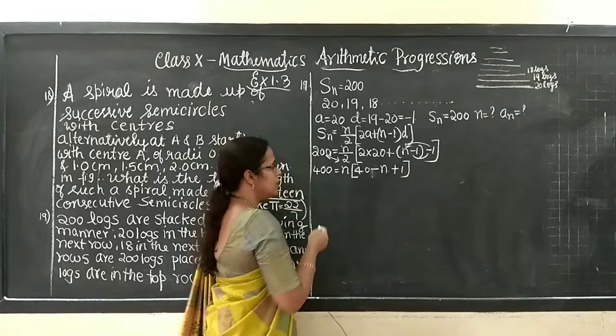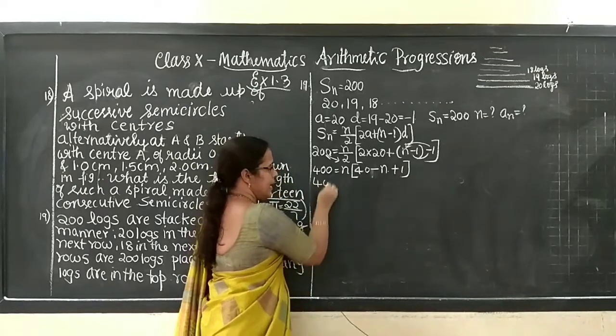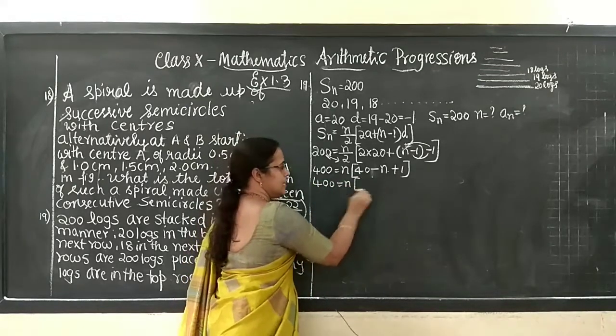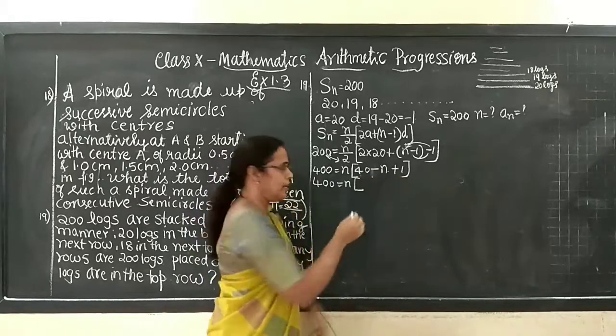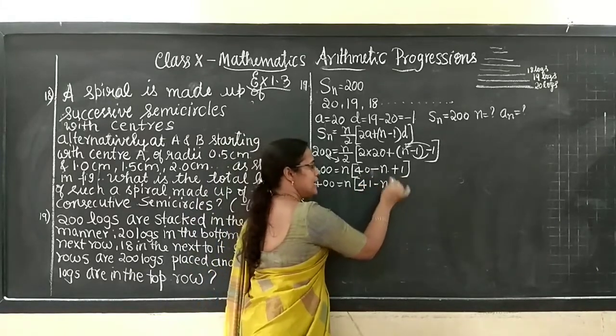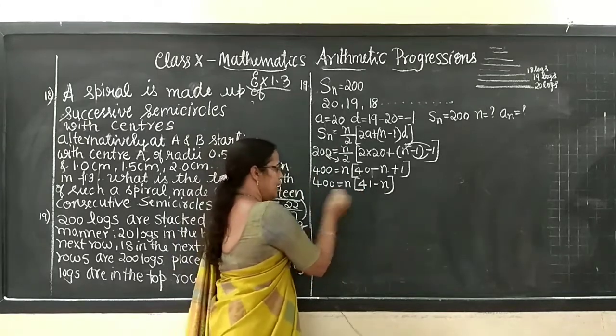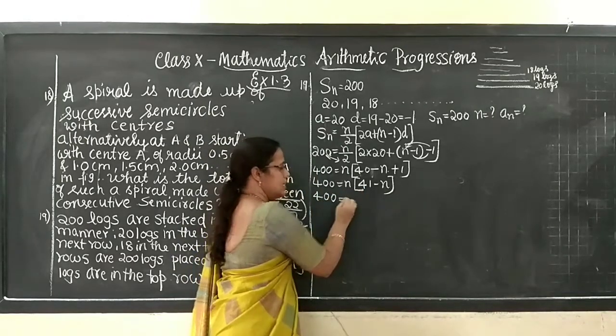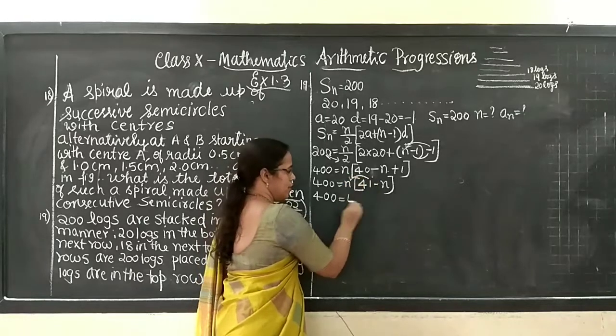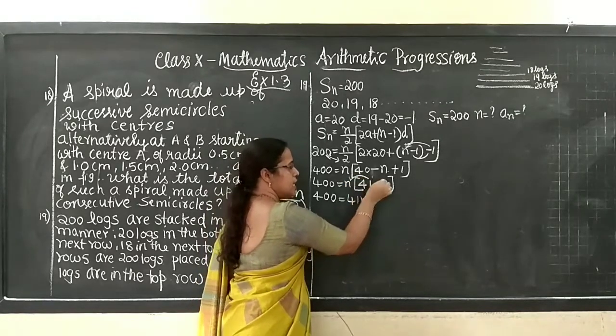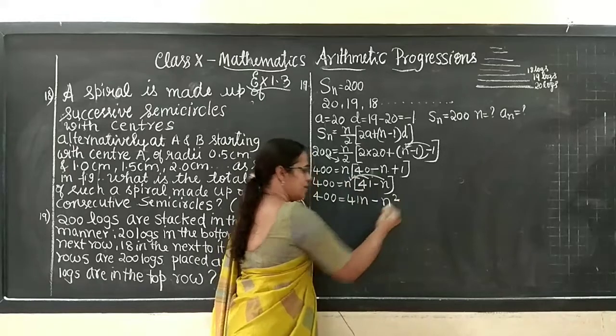Okay, so afterwards what you have to do? 400 write as it is, n write as it is. 40 plus 1, 41 minus n. Okay, then what is the answer? 400 equals 41n minus n square.